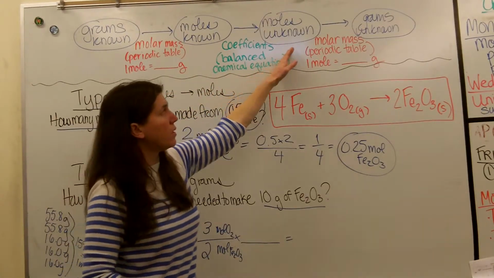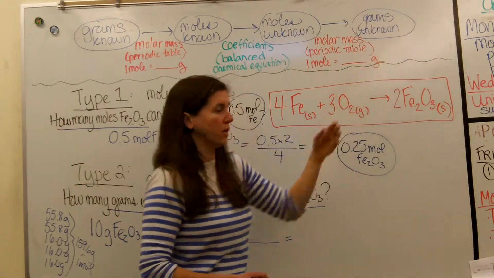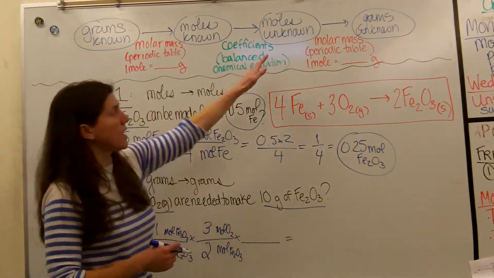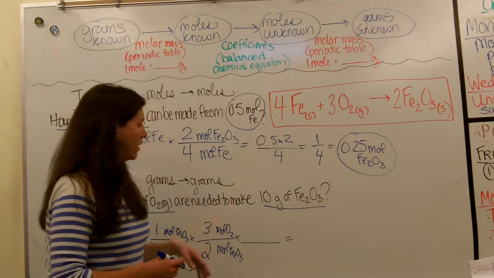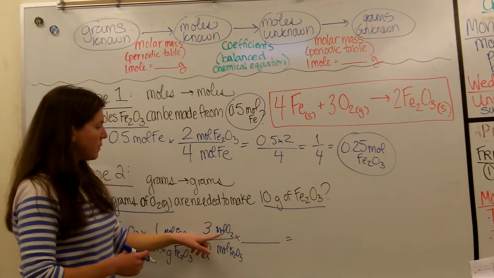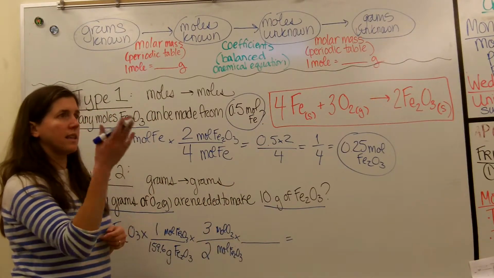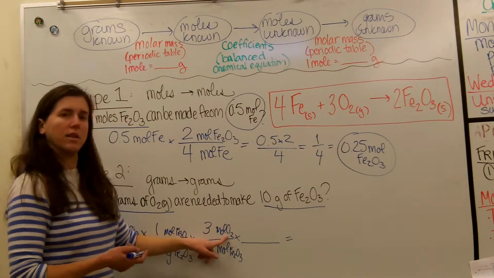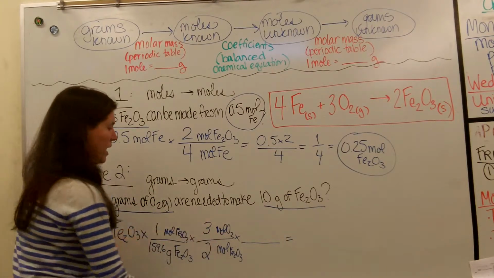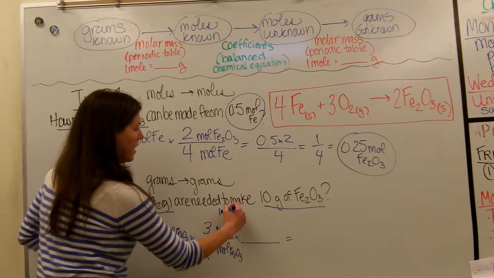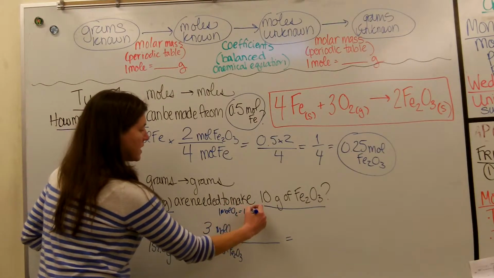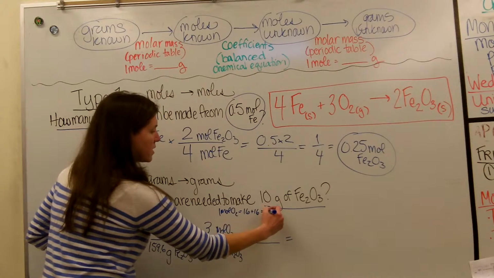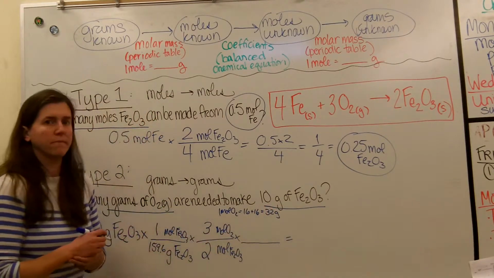Last step is to go from moles of O2 to grams of O2. And again, to do that, I'm going to use the molar mass from the periodic table. To find the molar mass, I look at oxygen, and I see that it weighs 16. But I have 2 oxygens, so 1 mole of oxygen weighs 16 plus 16, so that's 32 grams.